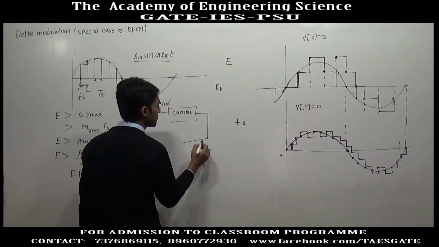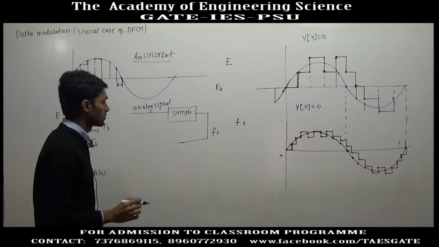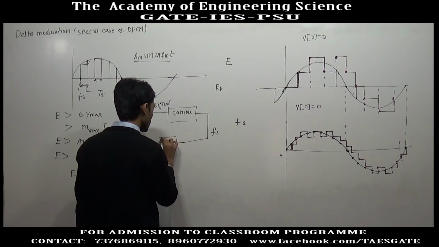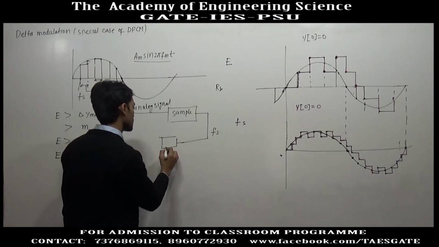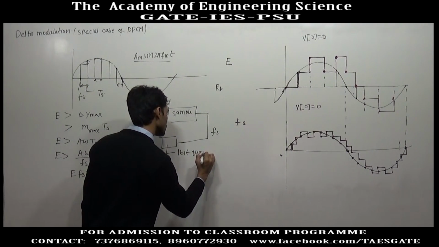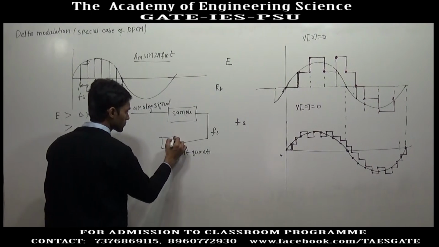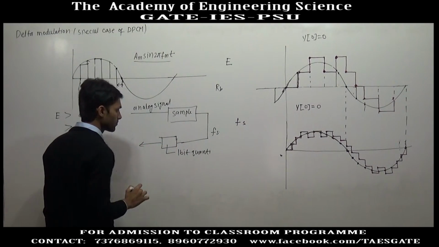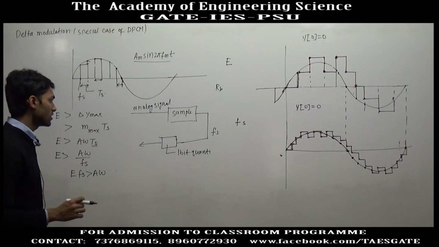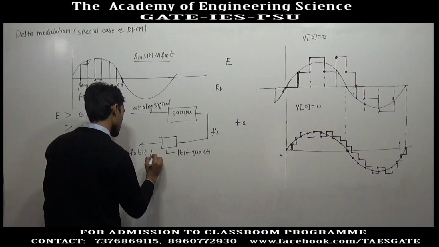In 1 second we will have Fs samples, and the quantizer in case of delta modulation is a 1 bit quantizer. So, each sample will be encoded with 1 bit. So, we will have Fs bits per second.